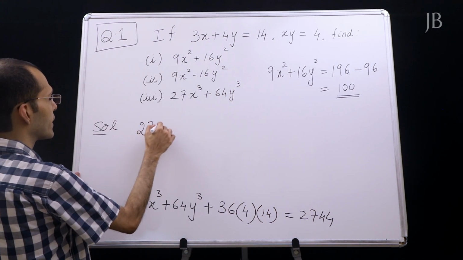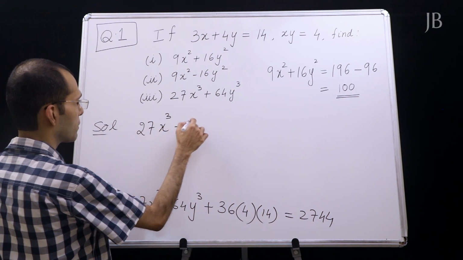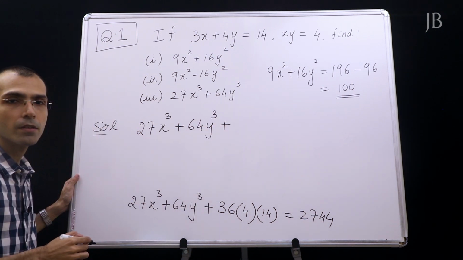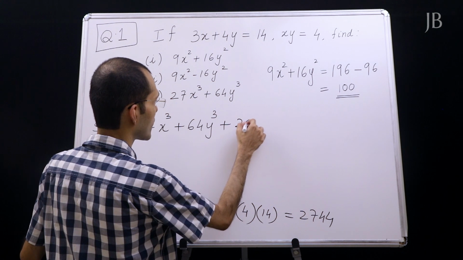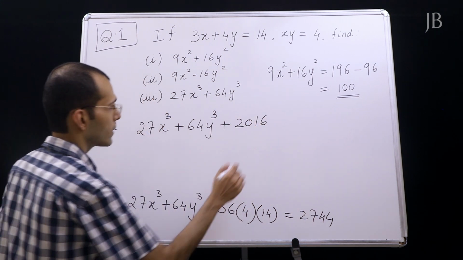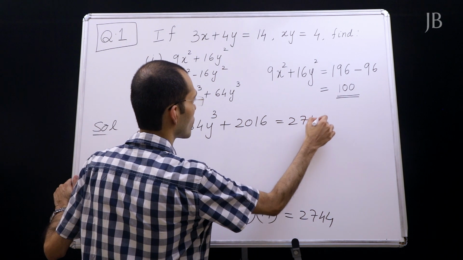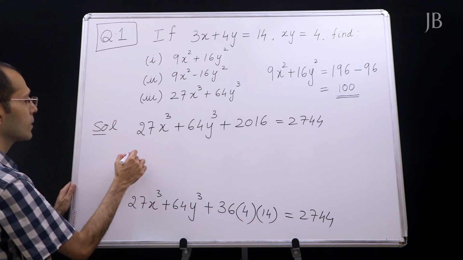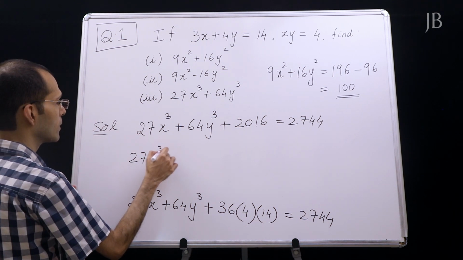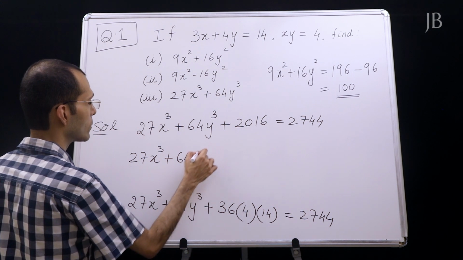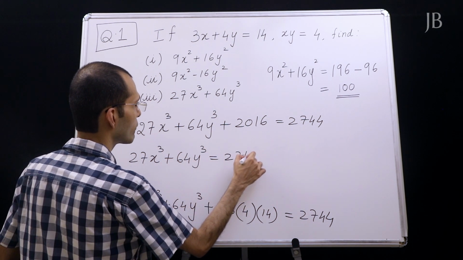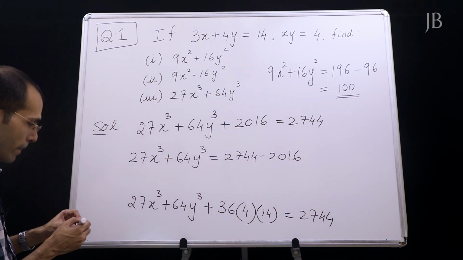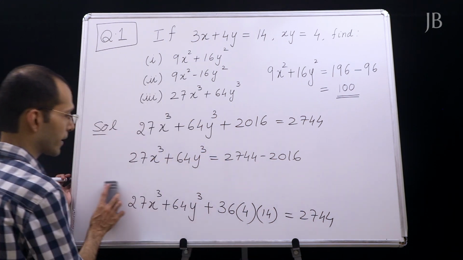So 27x cube plus 64y cube plus how much? 2016 is equaling 2744. Now we have to just find out this 27x cube plus 64y cube. So 27x cube plus 64y cube will be 2744 minus 2016. Okay, now this is not a difficult subtraction.